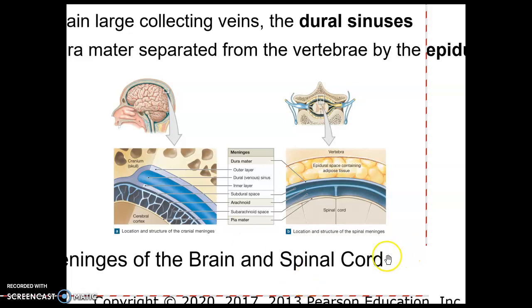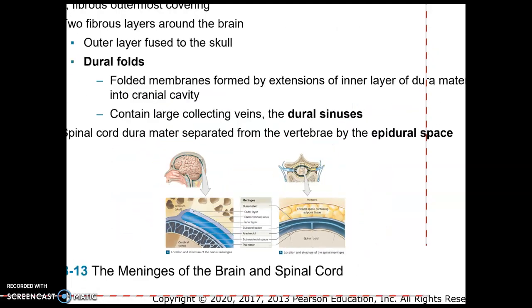Okay? And then the spinal cord, we have the pia mater here, the arachnoid here, and the dura mater here. And then this is the epidural space, which contains fatty tissue, adipose tissue. That's where you get your epidural if you're having a baby.